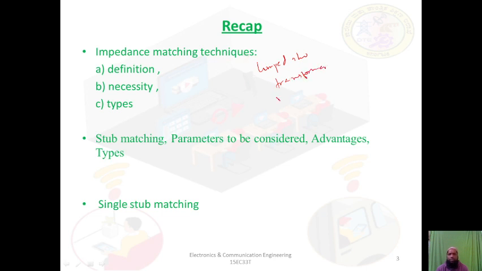But for very high frequencies and ultra high frequencies, there is design complexity in using lumped networks. So for that we have to use a short section of transmission line, which is open or short circuited at the end. That is called a stub. Or we also use quarter wave transformers.